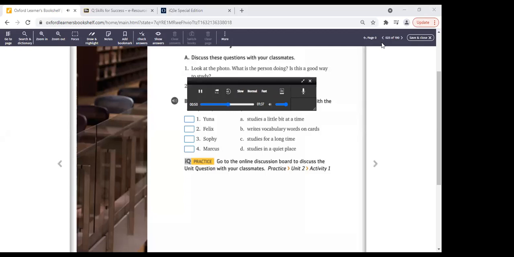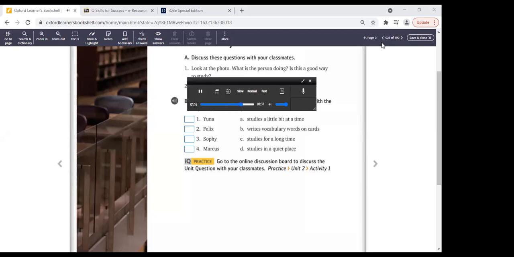What do you think, Sophie? I think it is best to study one thing for a long time until you understand it very well, and then move on to the next thing. I don't think you remember much if you study a little bit here and there. So you believe that studying for long hours on one thing is the best way to study?